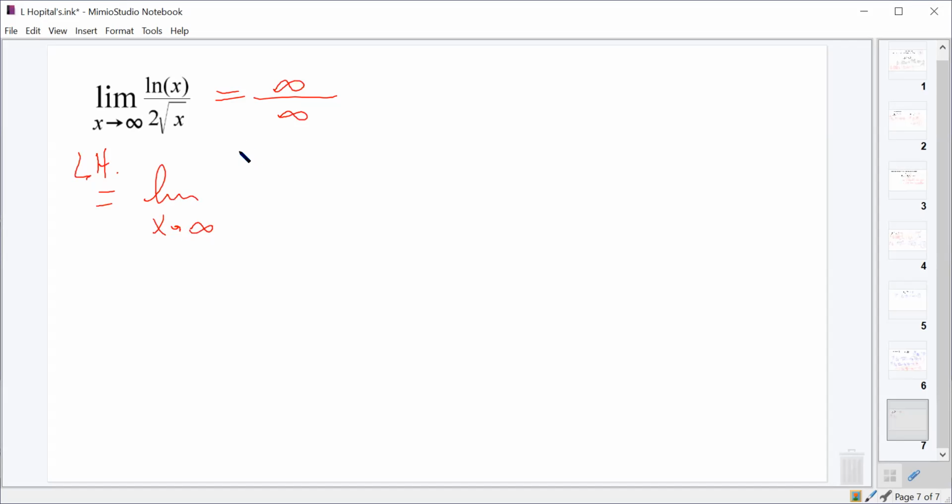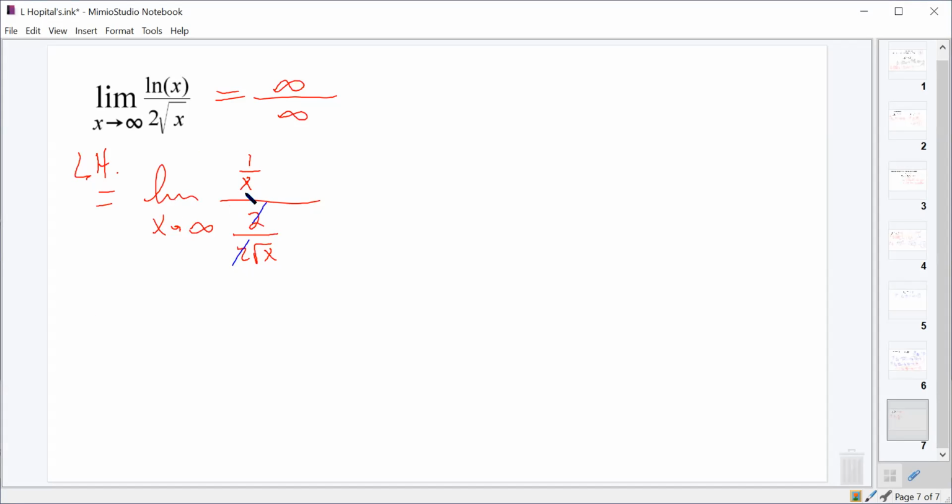What's the derivative of natural log of x? One over x. And the derivative of 2 root x ought to be 2 times the derivative of root x, which is 1 over 2 root x. So really just 1 over root x there.